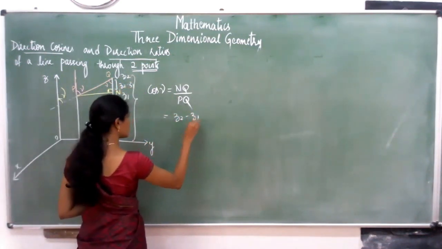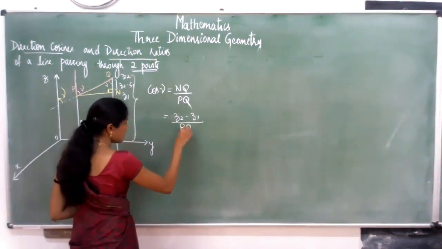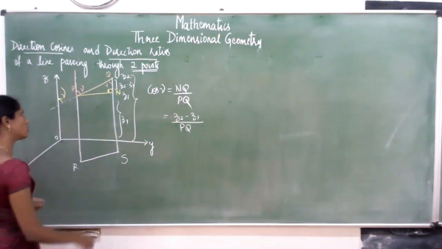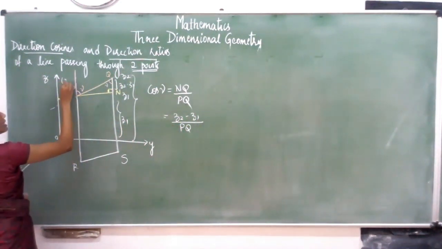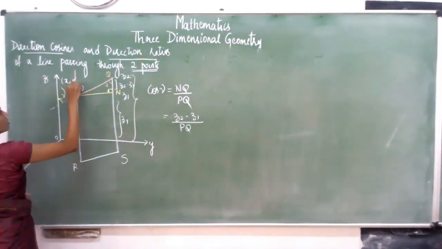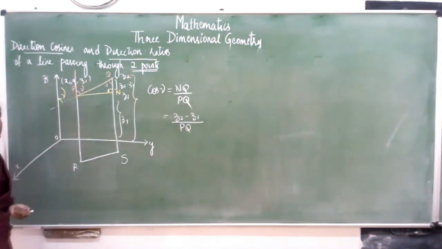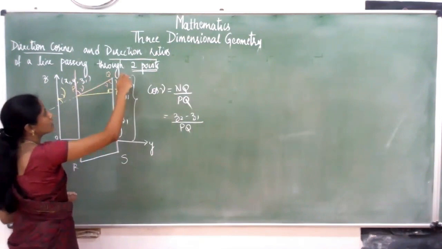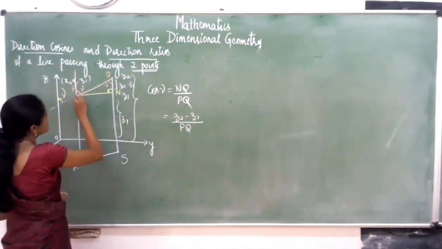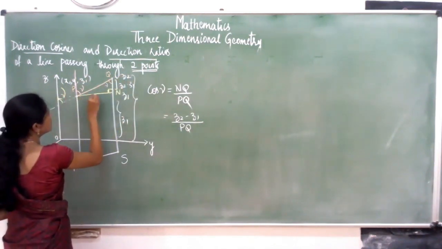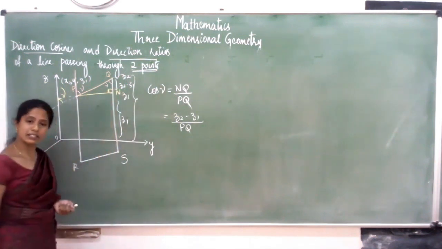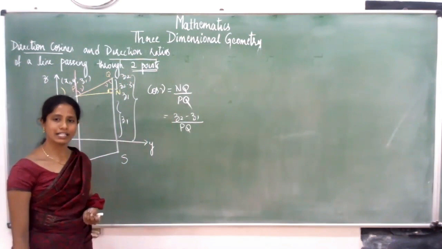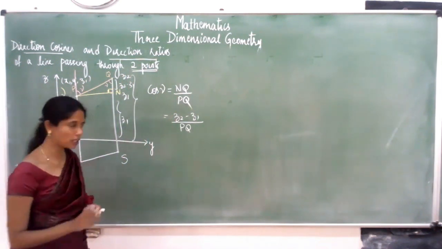Therefore, cos gamma is Z2 minus Z1 divided by PQ. Why have I taken this as Z1 and Z2? Because the coordinates of P are x1, y1, z1, and the coordinates of Q are x2, y2, z2. Therefore, here it is z2, and the z value at P is z1. So, cos gamma is equal to z2 minus z1 divided by PQ.